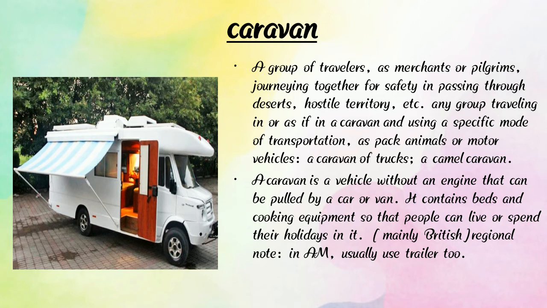In villages, generally people use a bullock cart to make their temporary house, while others use a bus or van and turn it into one. These moving houses are the caravan.